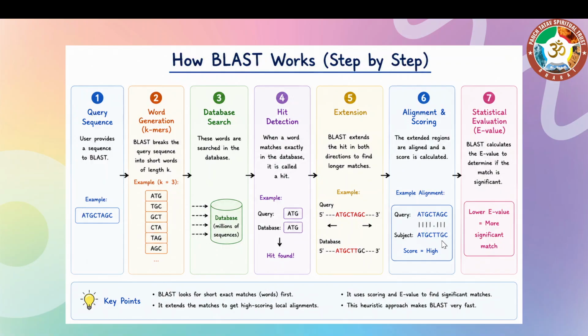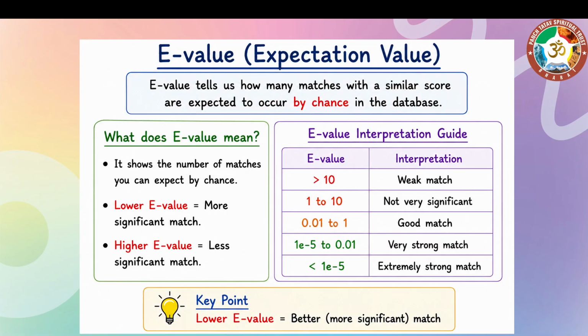Okay, so here the E value is 10. Now this is not very convincing. This is a very high number, which means the chance is very high that it happened just by chance. So here the E value is very high, so it is not very convincing. Now suppose the E value is 0.01.